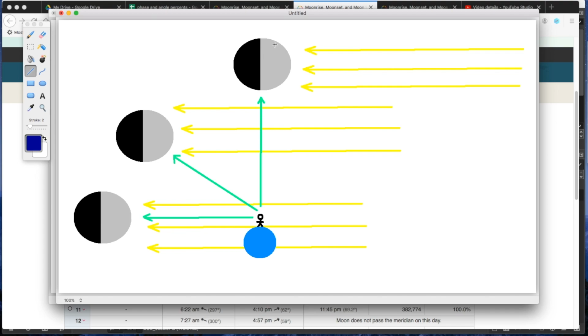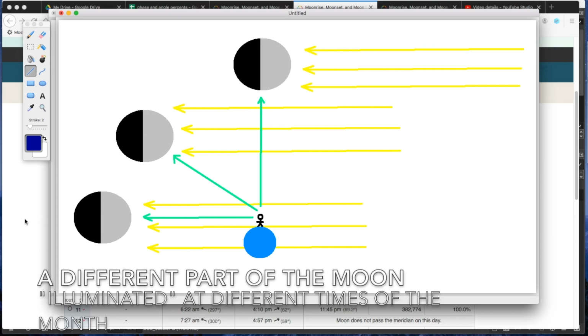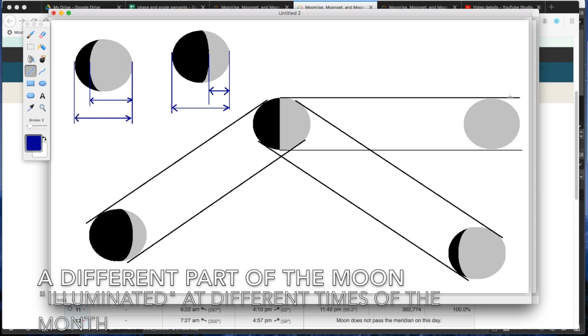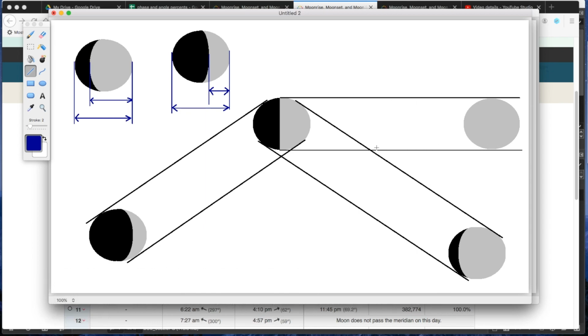But since the moon rotates around the Earth as well, we see a different part of the moon at different times of the month. So if we are seeing the moon dead on like this, it will appear as if it's a full moon. If we see the moon at an angle like this, again with the sun's rays coming from the right, we will see mostly a full moon, and we're going to see part of the moon's face will be in the shadow.